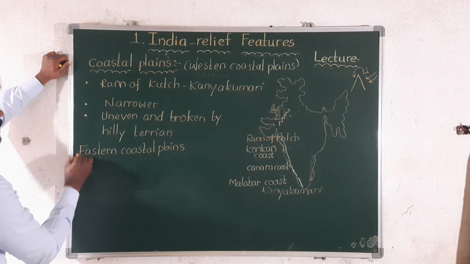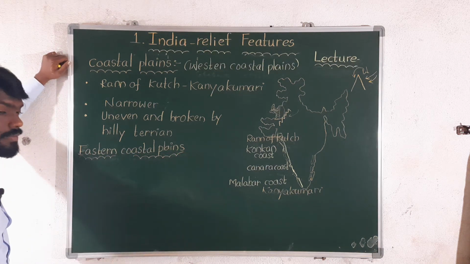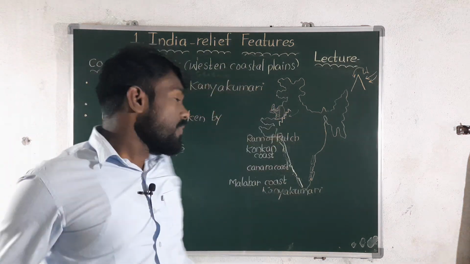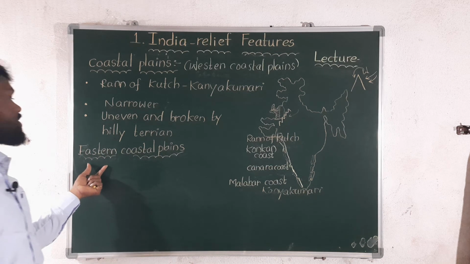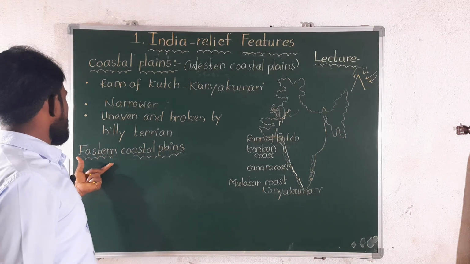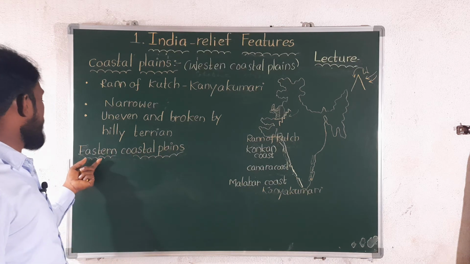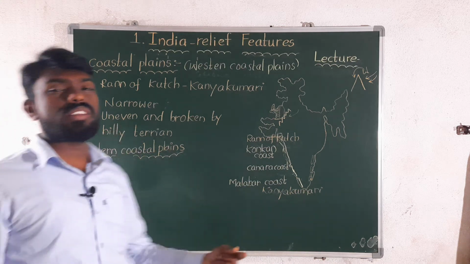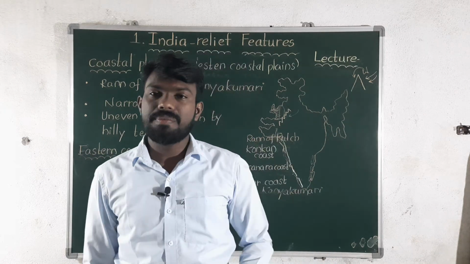From this we can understand these are located in the eastern direction. As they are located parallel to the Bay of Bengal, we are calling them eastern coastal plains.